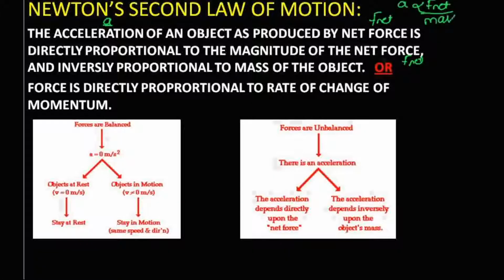So this can be written as F net is directly proportional to m into a. The proportionality symbol is removed and k is the proportionality constant, k into ma. Considering a case where k is equal to 1, F net is equal to m into a. This is how the F equals ma formula is derived.